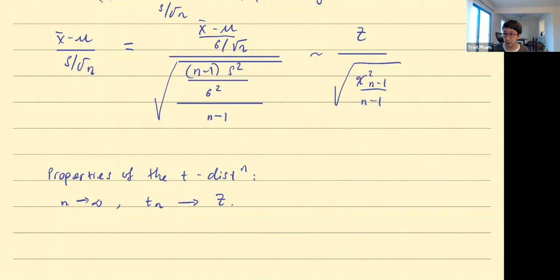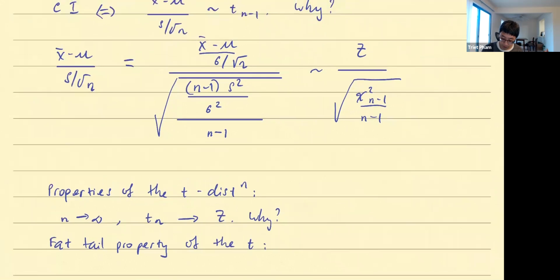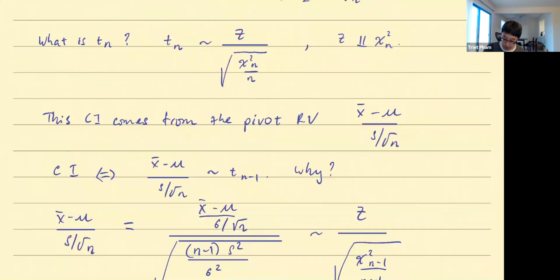Another one would be the fat tail property of the T distribution. First of all, I would argue that there are certain things you can guess intuitively just looking at this structure.